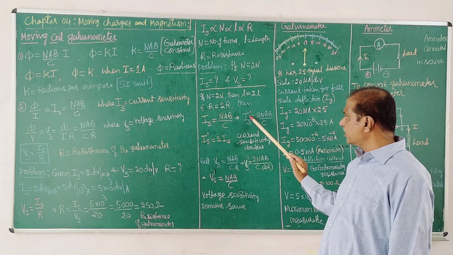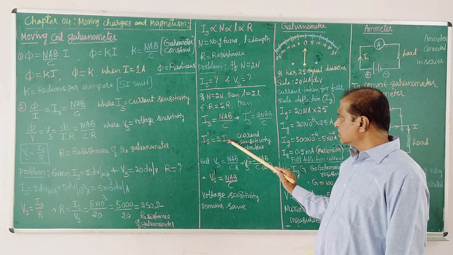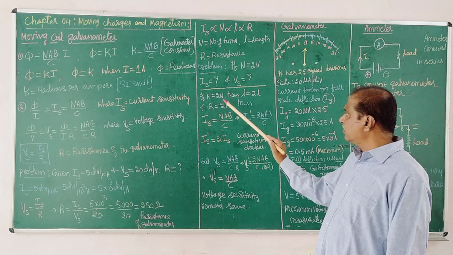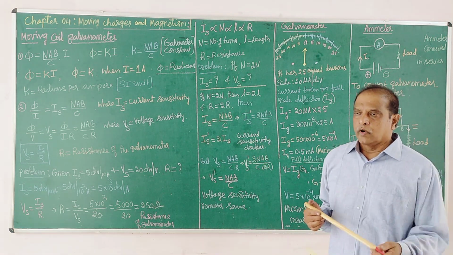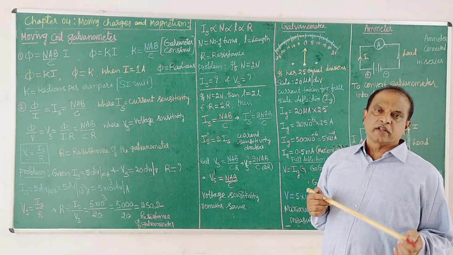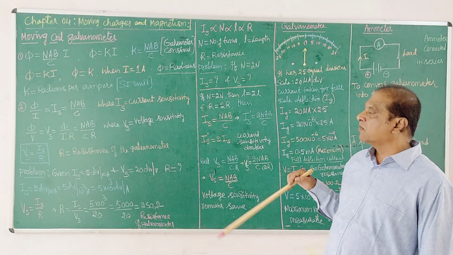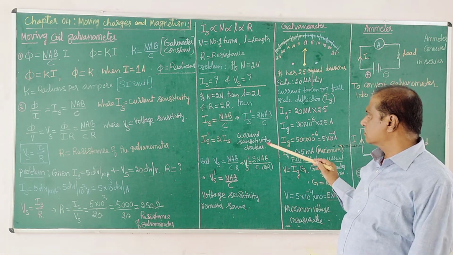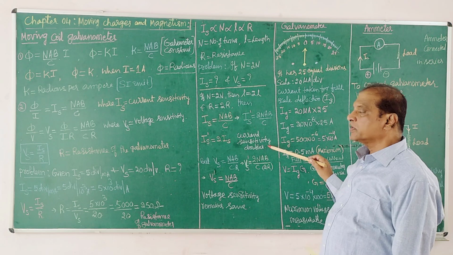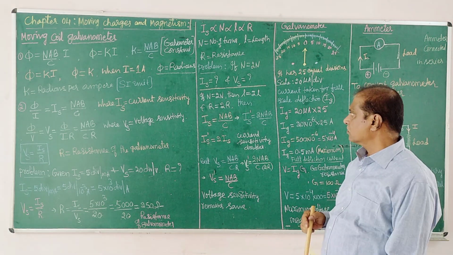Look at this, Is is double when the number of turns doubles. What does it mean? Current sensitivity of the galvanometer doubles. If the number of turns in the coil doubles, current sensitivity increases as the number of turns increases.